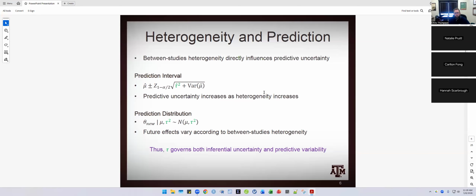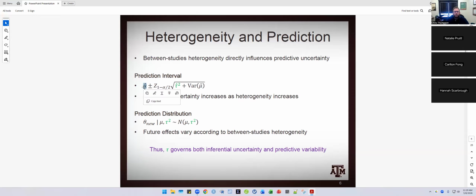So here, and we'll actually see this twice. We'll see it now and then in a few slides later on. If you're wanting to look at a PI for mu, so I know that we're talking about tau, and I said that we're focused on tau, you might be asking, well, wait a minute, now he's talking about the mean.